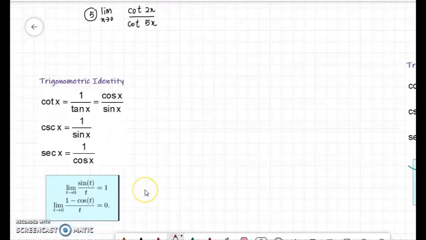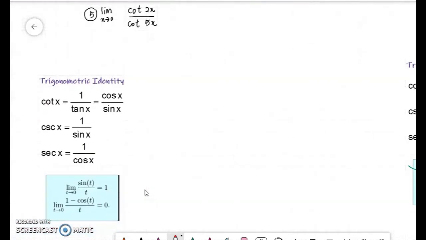So we have limit x approaches 0 of cotangent 2x over cotangent 5x. And what you can do is separate both cotangent 2x and cotangent 5x. So make it like this: x approaches 0, you have cotangent 2x times 1 over cotangent 5x.